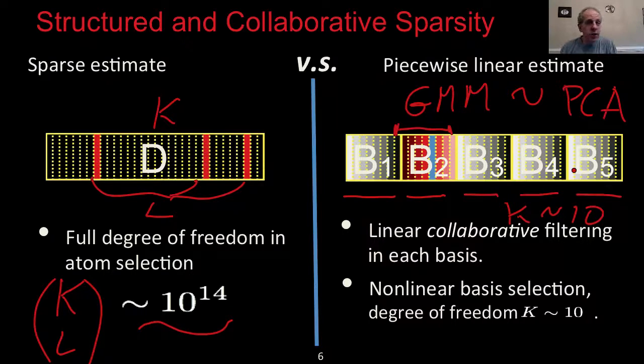But actually, it turns out that with 10 or 20 Gaussians, you can get basically some of the same results that we saw for ordinary sparse coding, but with a much simpler algorithm and a much more stable one. So it's sparse coding, sparse modeling, but in a structured fashion.